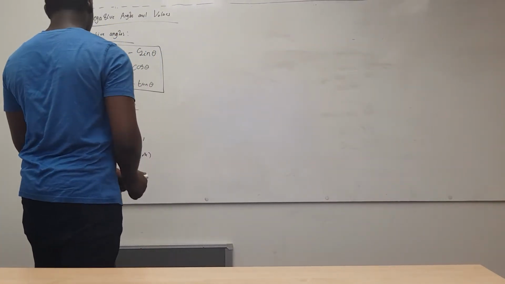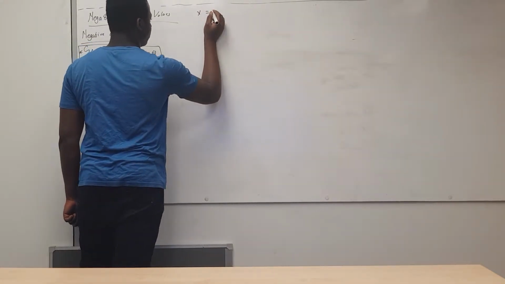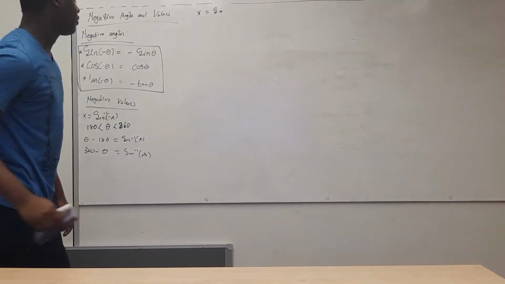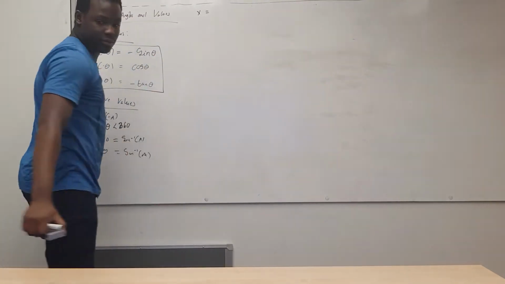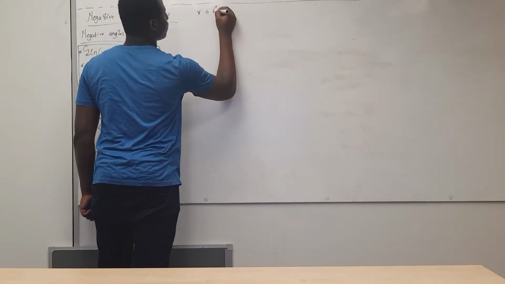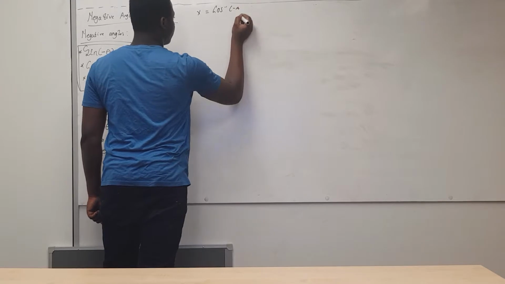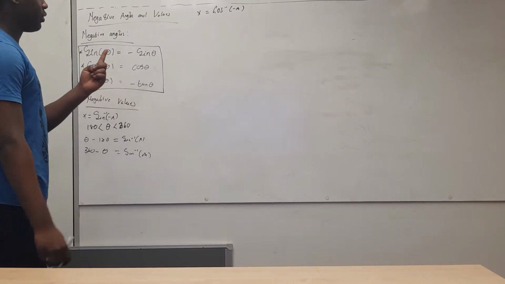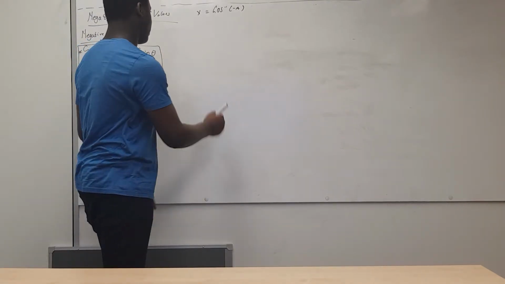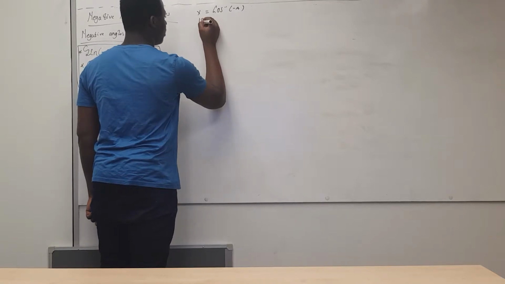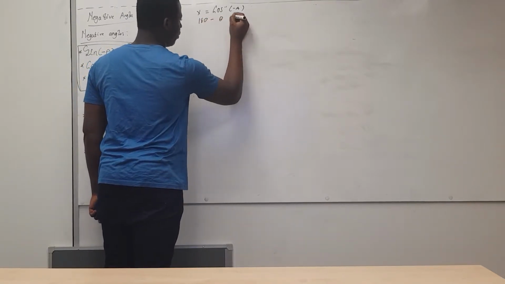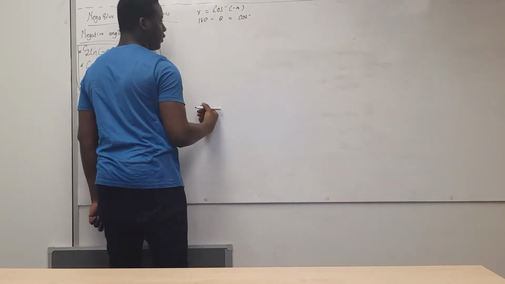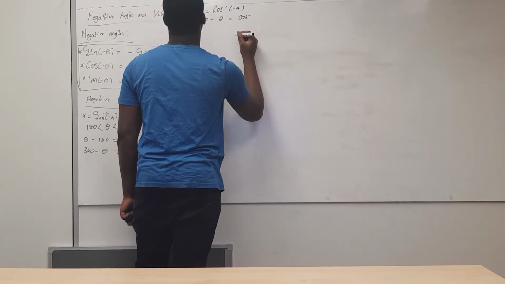Okay, x equal to sine inverse of a. So I know that cosine is negative in the second quadrant, so it's going to be 180 minus the variable I'm looking for, is equal to cosine inverse of the absolute value of the value.